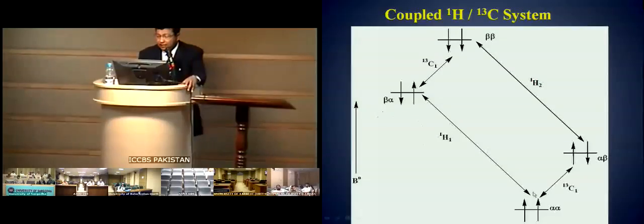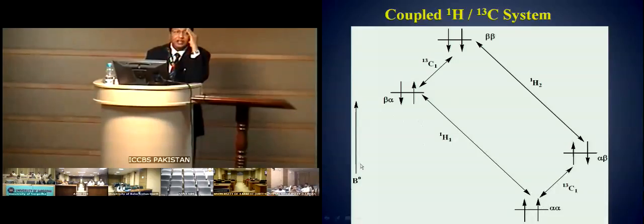Remember the point from yesterday. So there are 4 energy states if you combine them together. This is carbon spin and this is proton spin. Both of them are aligned to the applied magnetic field, so they are called alpha alpha, right?